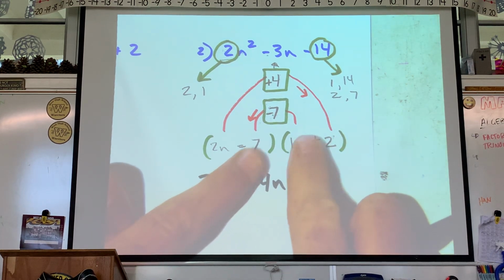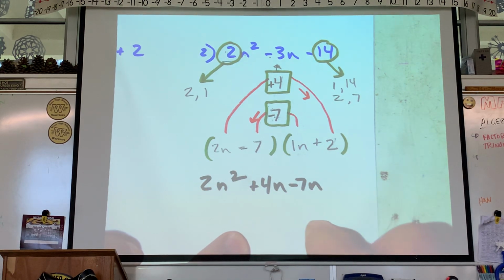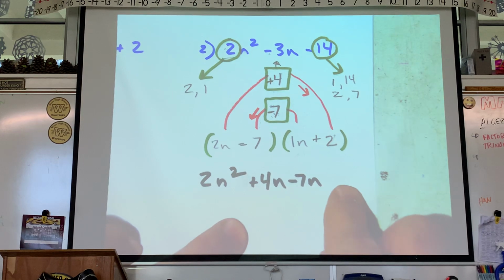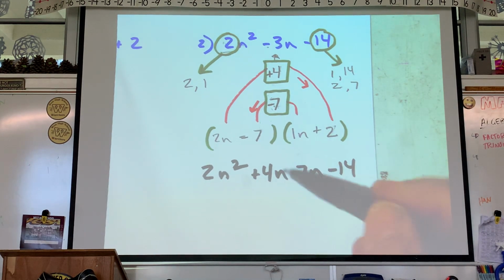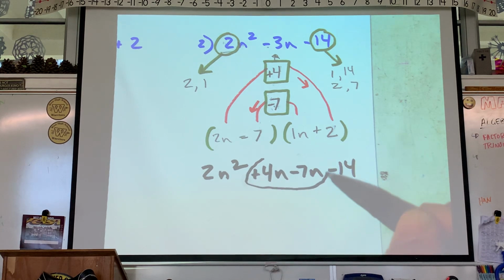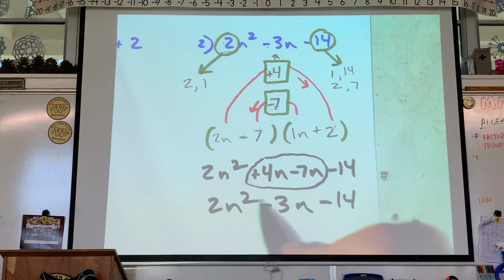The inners: -7 times 1n is -7n. And the last: -7 times 2 is -14. I'm combining these two like terms in the middle. 4 minus 7 is -3n. The -14 comes down and the 2n squared comes down.